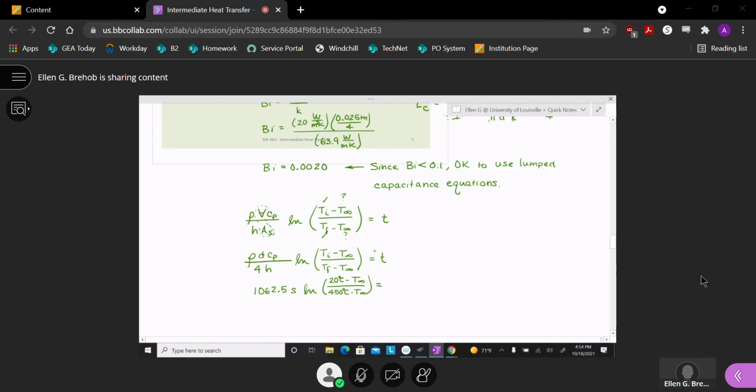Okay. And then on this other side, the time was given as 10 minutes, but to keep my units consistent, I'll put it in as 600 seconds.